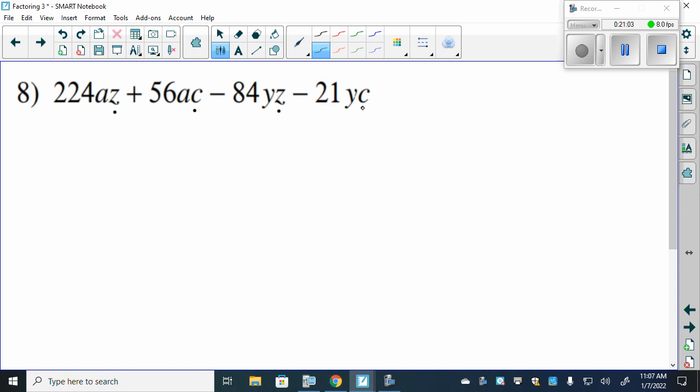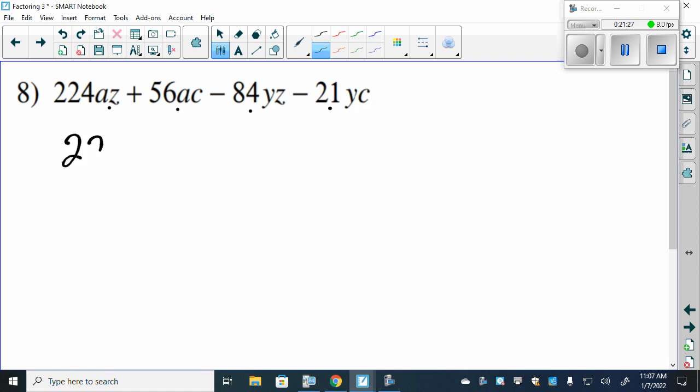Yes? We also have C, C, Z, Z, so I could match those two up. How we match the two up is up to us to see which one we think is going to be easiest to work with. These two and these two?